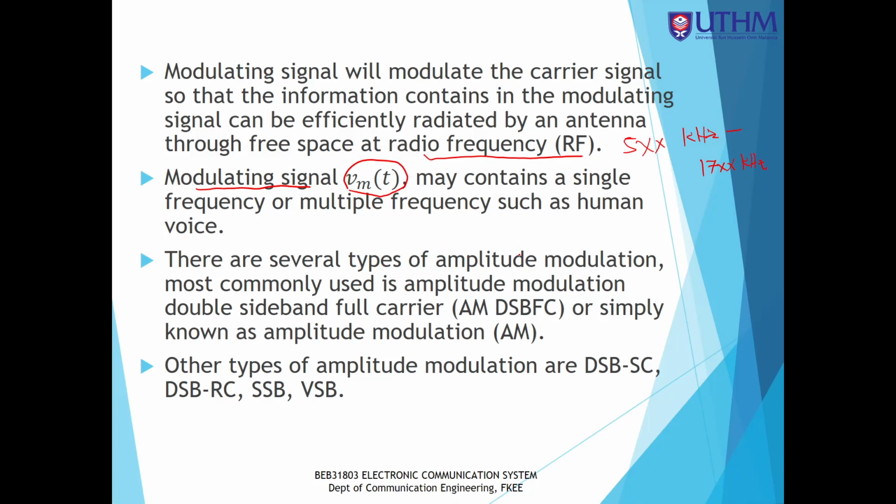So v(t) may contain a single frequency or multiple frequencies such as human voice. There are several types of amplitude modulation. The most commonly used is amplitude modulation double sideband full carrier, or AM DSB-FC, double sideband full carrier, or simply known as AM. So later in your notes, when you see the word AM, this is referring to double sideband full carrier.